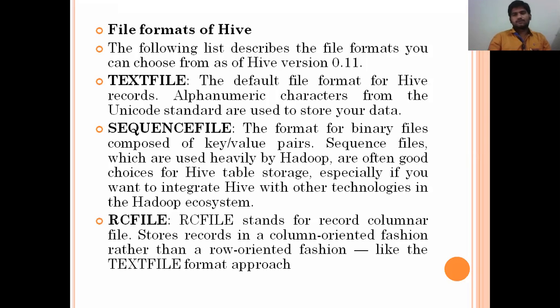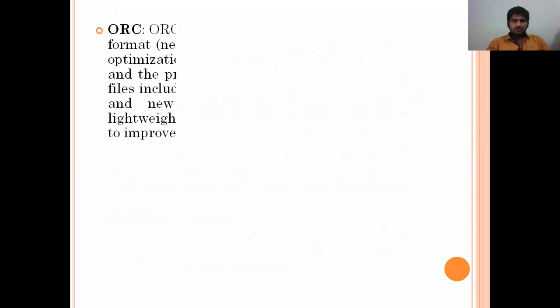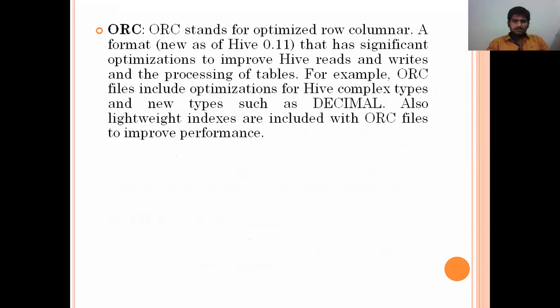Row-oriented is like a text file only; that is what we are going to avoid, and we are going with column-wise storage. So: text file, sequence file, and RC files. RC means record columnar, column-oriented files.